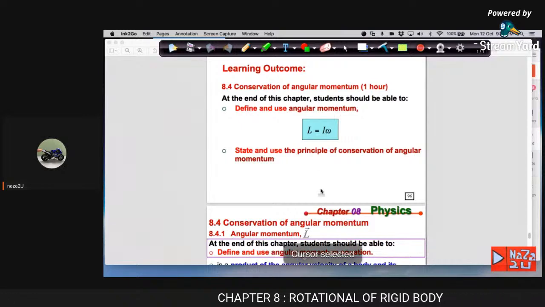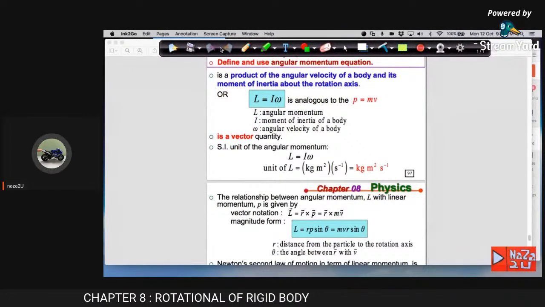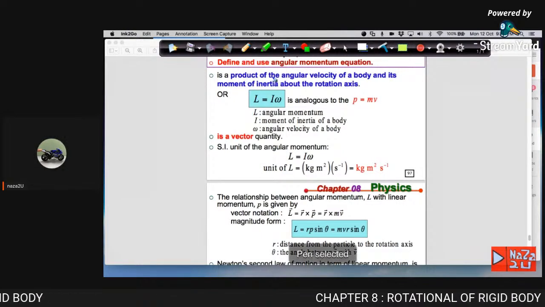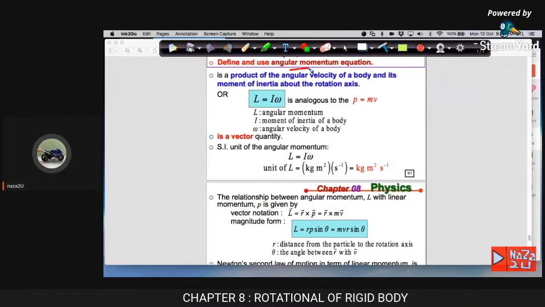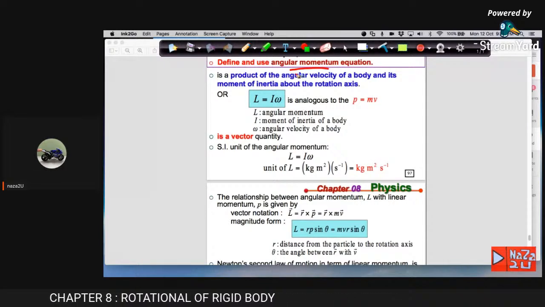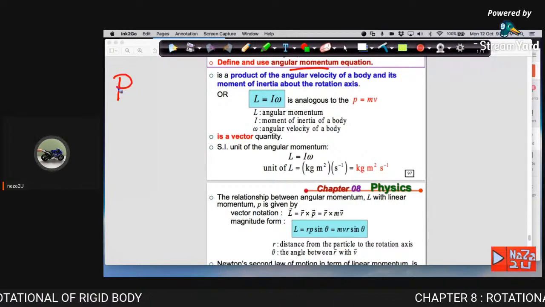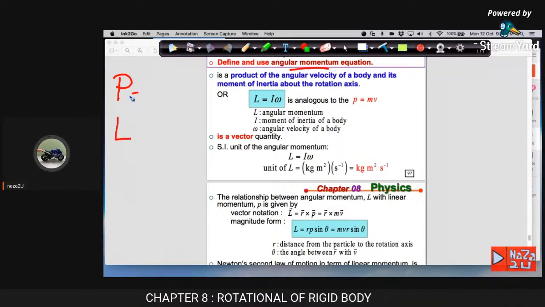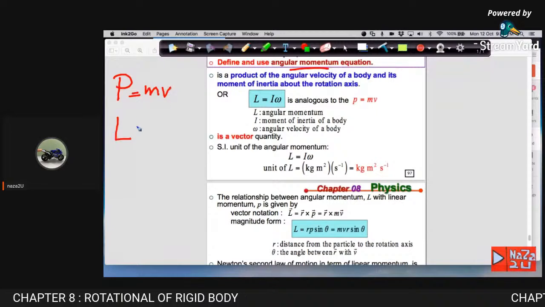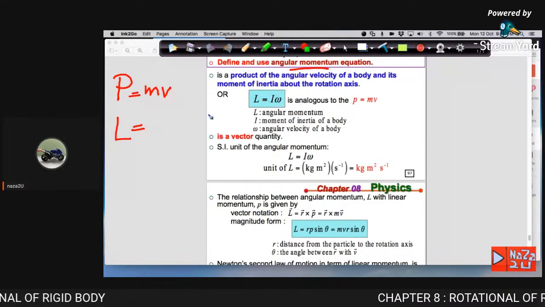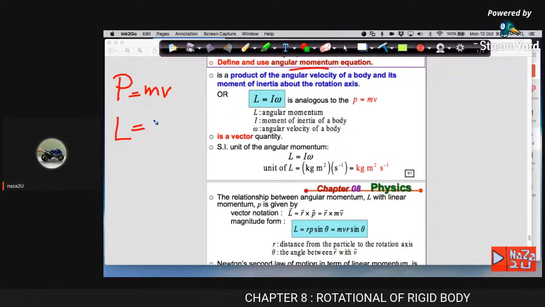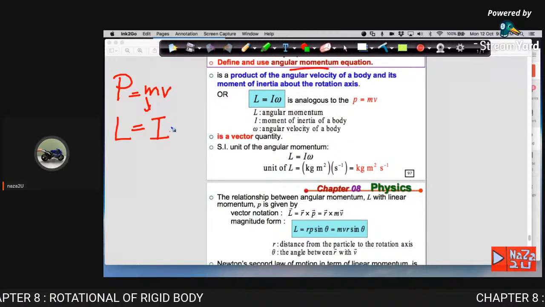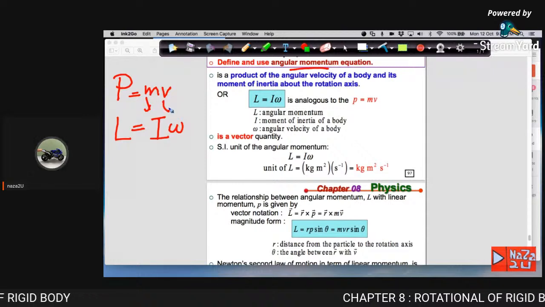Okey, kita tengok. Dalam tajuk rotational motion, dipanggil sebagai angular momentum. Kalau dalam rotational dia disimbolkan sebagai L. So kalau momentum mass time V, kalau dalam rotational motion angular momentum L adalah mass itu merujuk kepada moment inertia, V itu merujuk kepada apa tadi kita dah tukarkan.